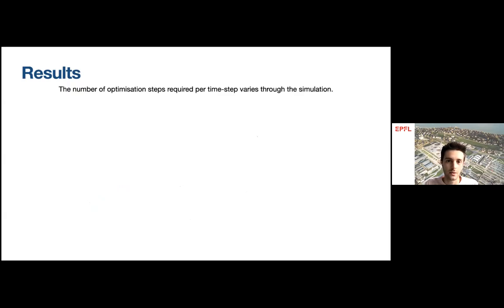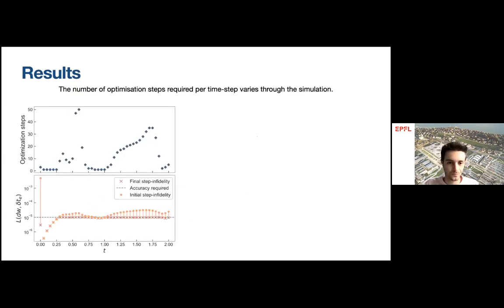And we also looked at a single time evolution. In this case, you can see above the number of optimization steps per time step required, and also how the accuracy goes from above the threshold that we fixed to below, just needing this amount of optimization steps.